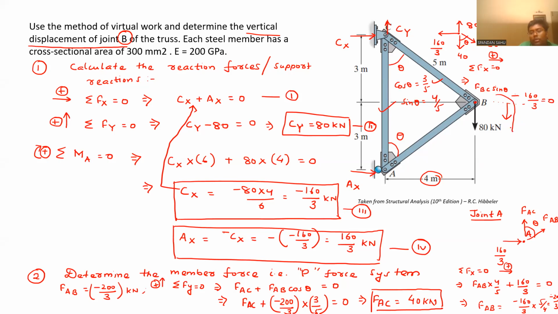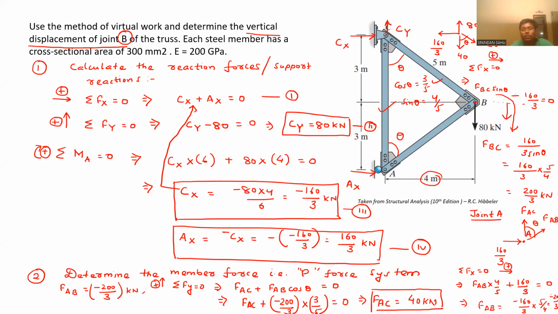So upon simplifying this, we will get FBC equal to 160 by 3 sin theta. And when we substitute the value of sin theta, it will be 5 by 4. So what we are getting? BC value is coming out to be 200 by 3 kilonewton.